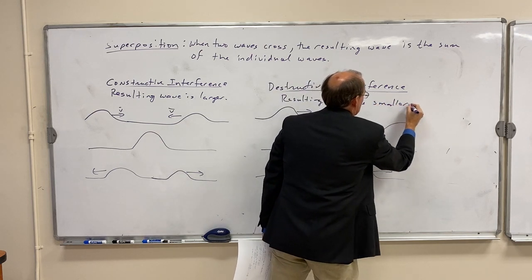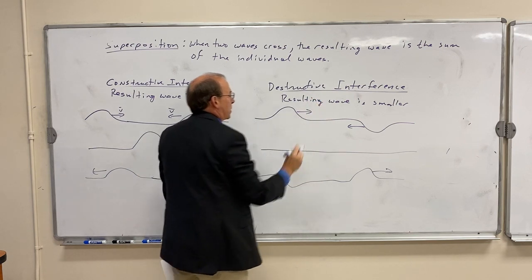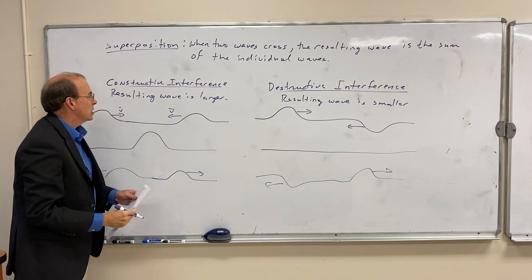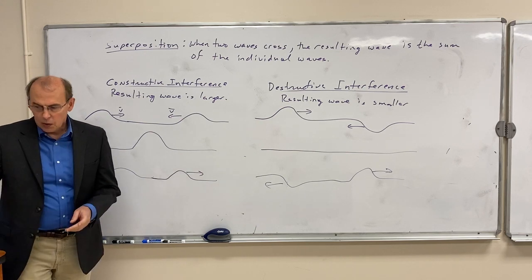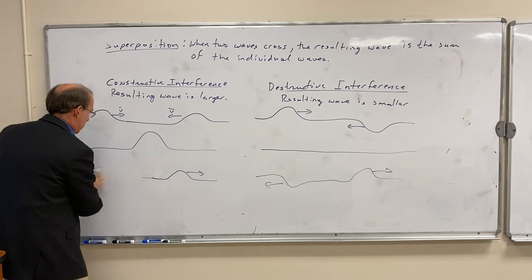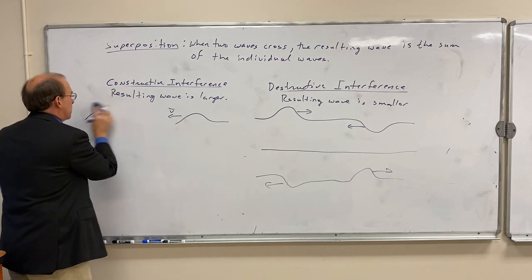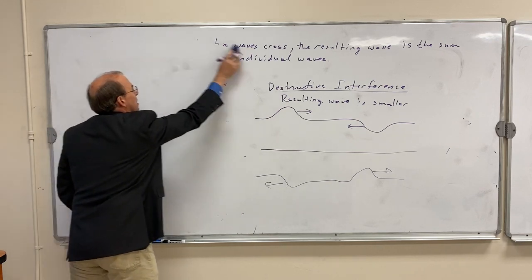And by smaller, I mean smaller than either one was individually. And by larger, I mean larger than either was individually. Well, there's a special case of this, of constructive, destructive interference, that turns out to be really important in engineering and in acoustics.